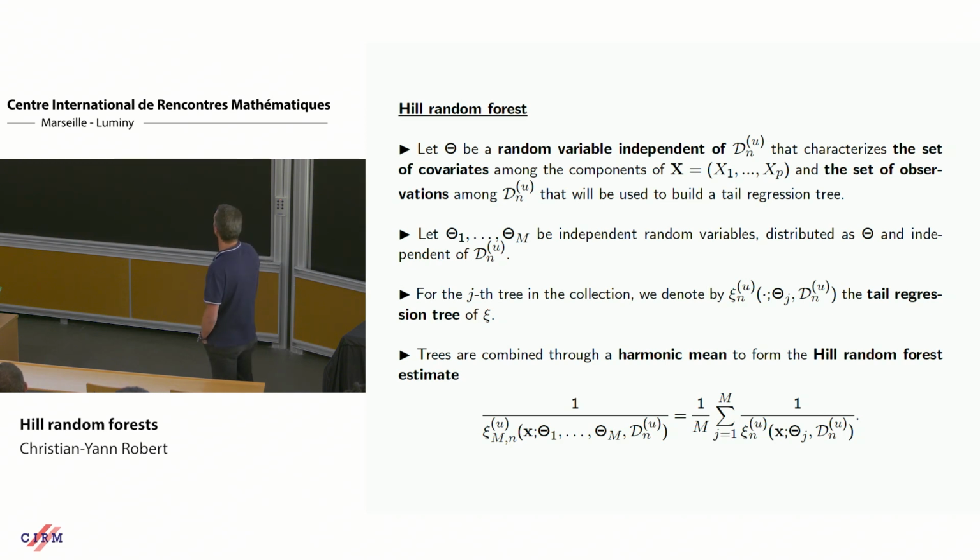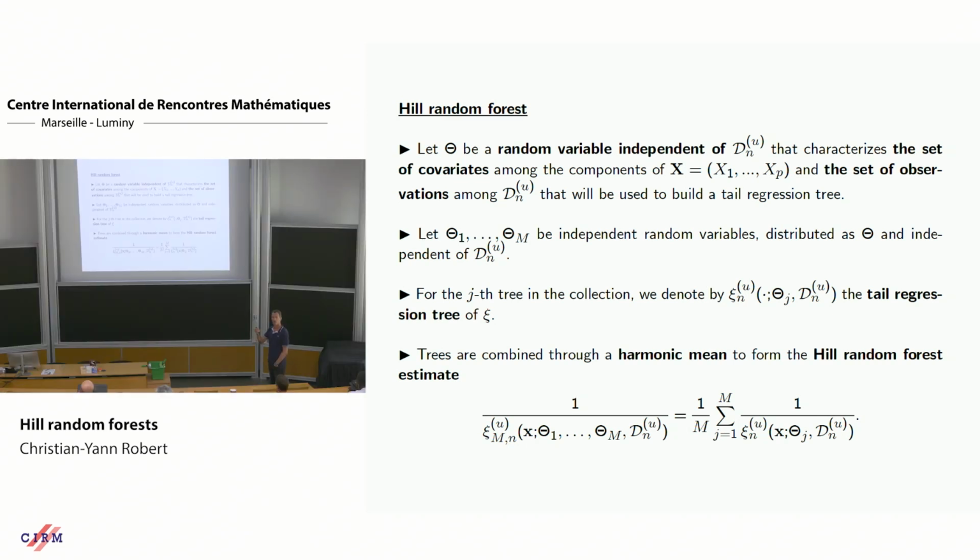The main difference with Breiman's random forest, which uses the usual average over the regression trees, is that we use a harmonic mean. This is for technical reasons: with a harmonic mean, we can be sure that when you aggregate a new regression tree, you decrease the deviance of the observations.